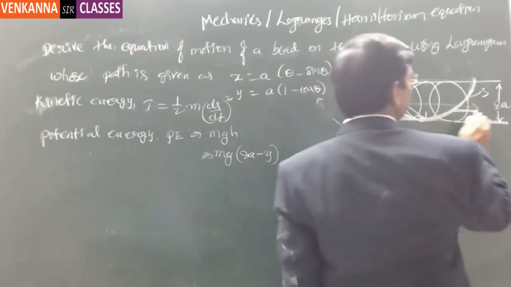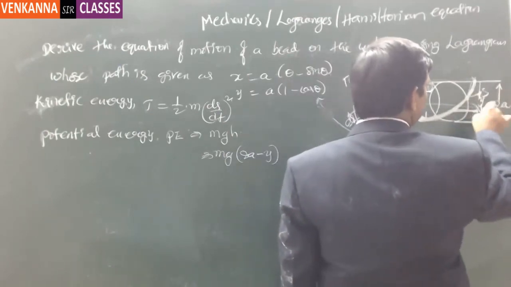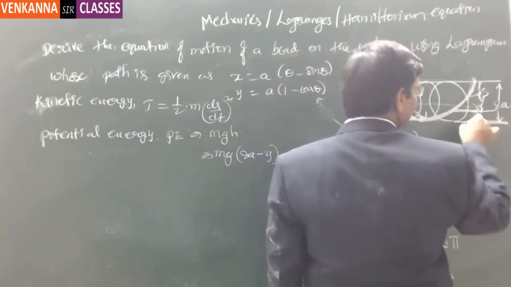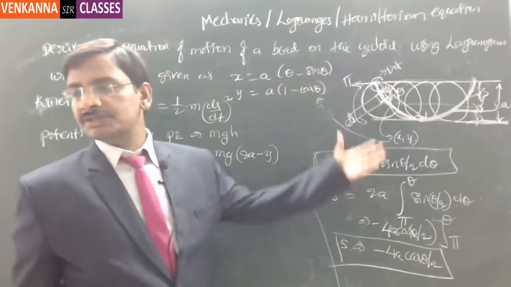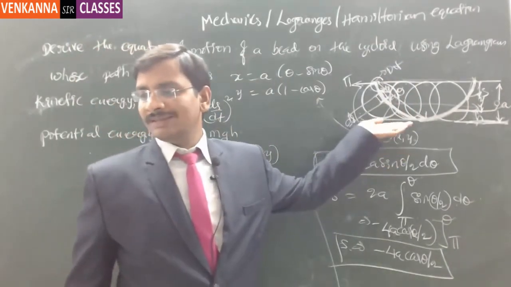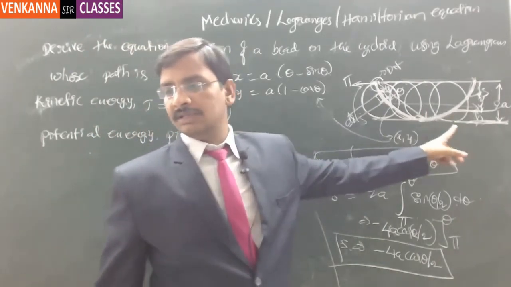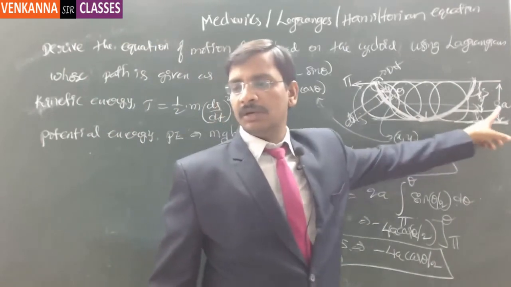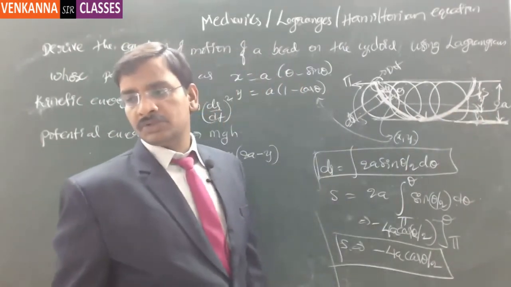This y is not this one; from the vertical, this value is y. The height is this one from the bottom, because potential energy is always trying to drop down. If you take this as the reference, the height traveled by the bead at any instant is h, which is 2a minus y. Got it? Understood or not?